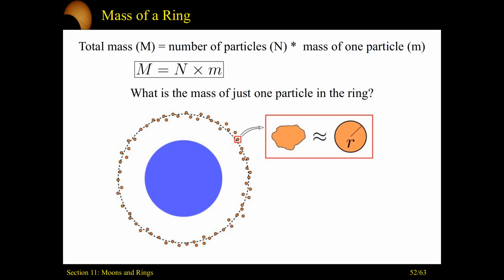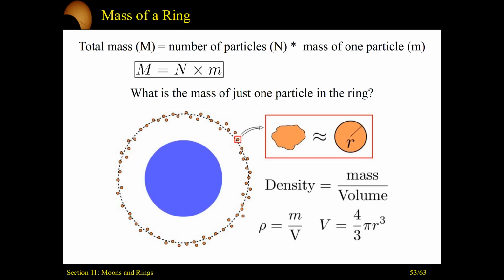So we'll make an approximation to simplify the problem, and we'll just say, on average, this weird oblong shape is a sphere of radius r. Yes, this is an approximation, but we'll see that it's a reasonable one. It works out. It gives us an answer that we feel confident in.